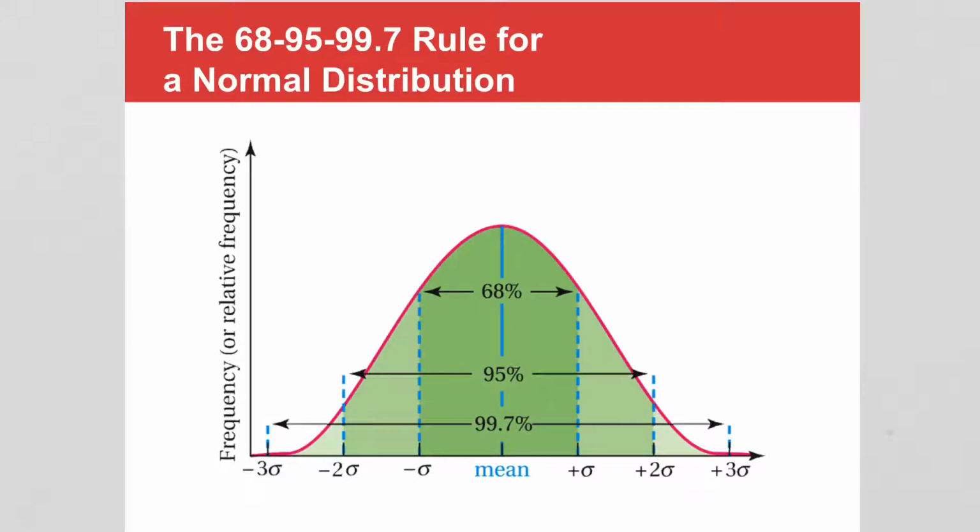We expect 95% of the data to lie within 2 standard deviations of the mean. And then 99.7%, almost all of the data, will lie within 3 standard deviations of the mean.